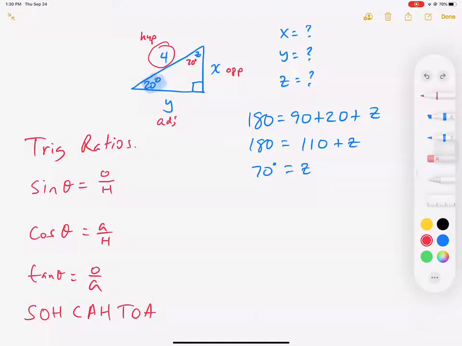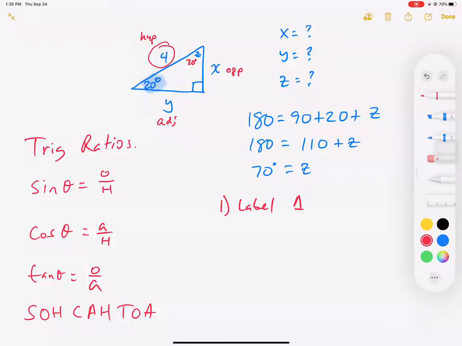The next thing is, which side do you want to solve for first? You tell me. Do you want to solve for the opposite or adjacent? Because those are the sides we don't know. Let's say you want to solve for opposite. So you pick the side you don't know, and you pick a side that you do know. So step one is to label your triangle, just to make sure.